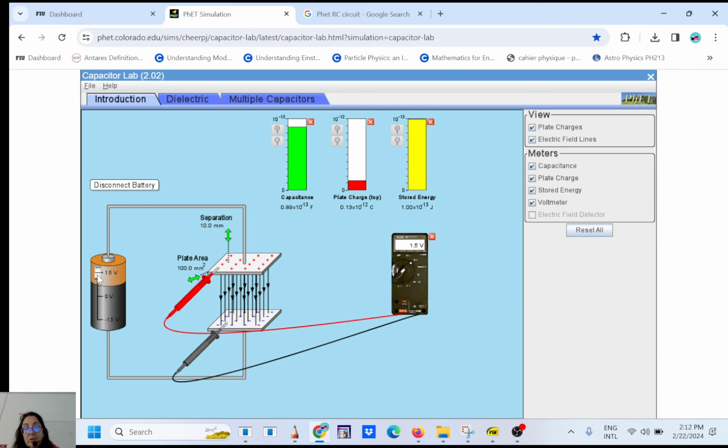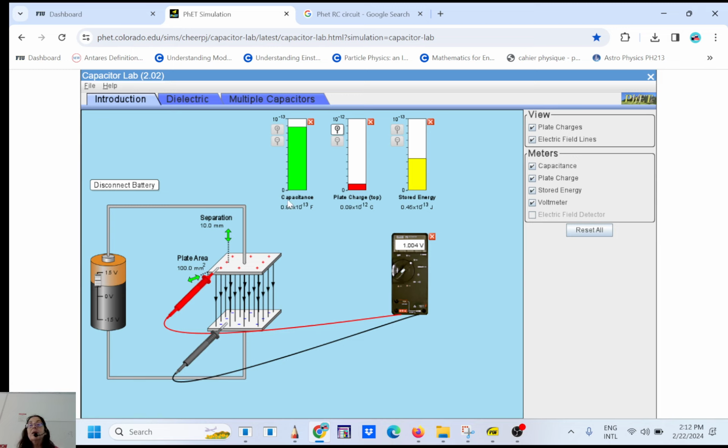So let's change the voltage to about 1 volt. You see the capacitance is about 0.9 times 10 to the negative 13, and so is the plate. For the plate, I'm going to have 0.9 times 10 to the negative 13 coulomb.